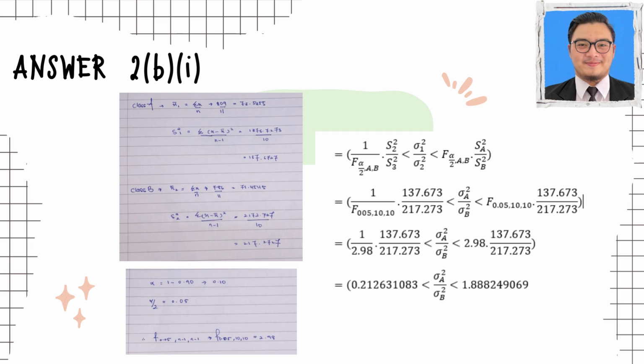So this is how we find the 90% confidence interval for the ratio of the variance.